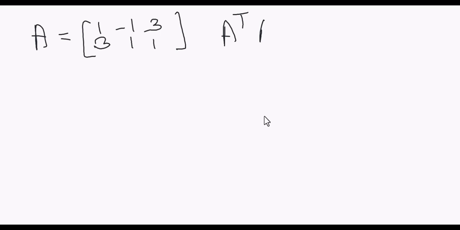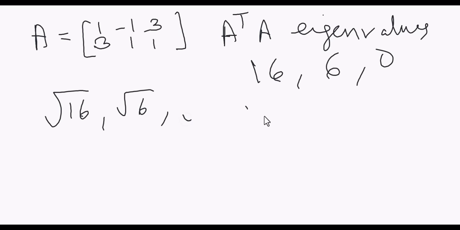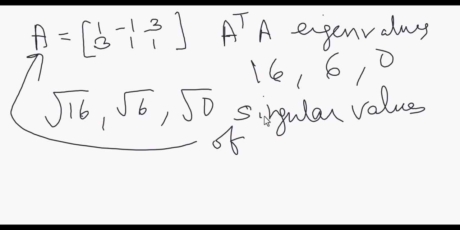So again, recall that our matrix A is 1, negative 1, 3, 3, 1, 1, and A^T A has eigenvalues 16, 6, and 0, and the square root of 16 and that of 6 and of course that of 0 are singular values of this matrix, that is our original matrix.